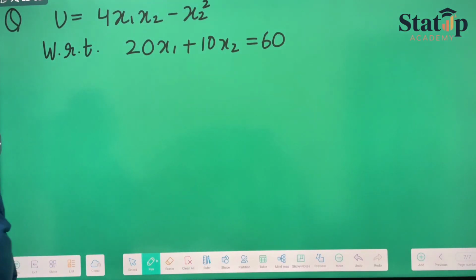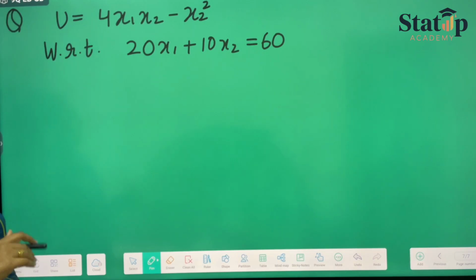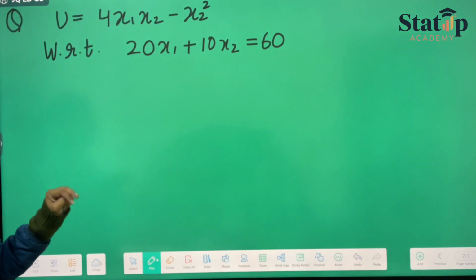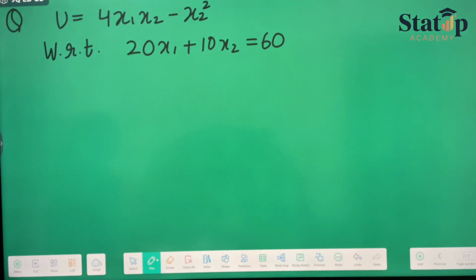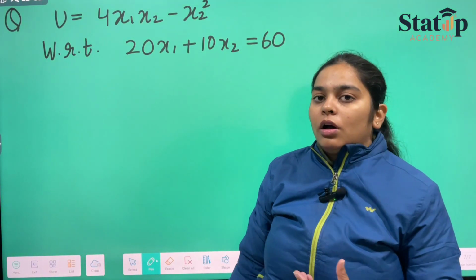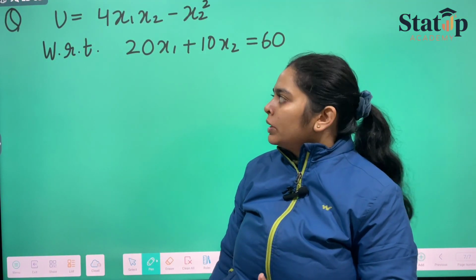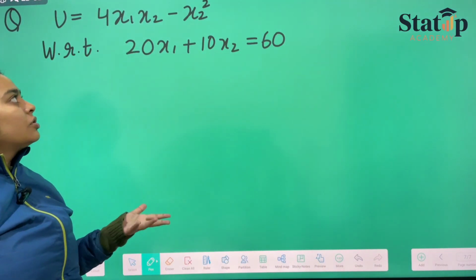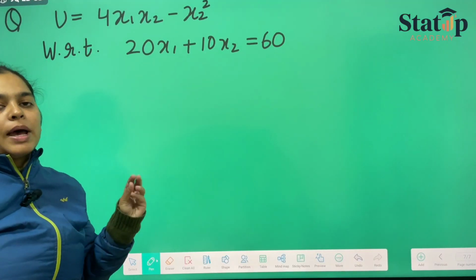The total amount has been given as 60, and the price of commodity x1 is 20 and the price of commodity x2 is 10. So these two equations have been given, and we have to determine the optimum level of commodities to maximize this utility and spend the total money. That means we have to find simply x1 and x2 so that this utility function gets maximized.